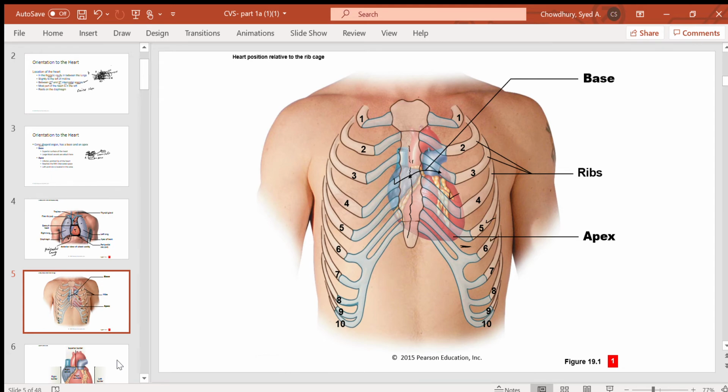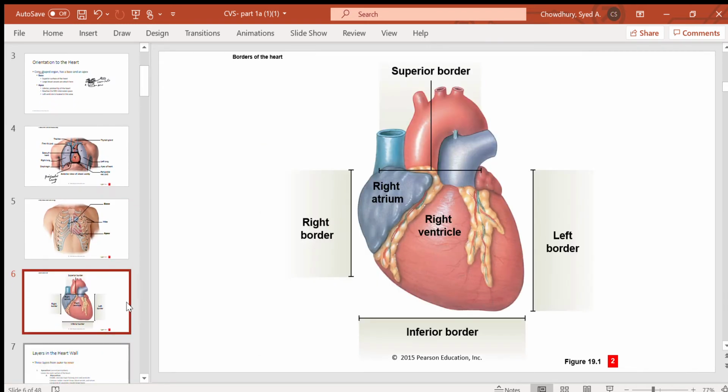So the lower border is here and upper is second intercostal space between second and third ribs. Okay, so heart has two atria up, right and left, and two ventricles. Upper two are atria, lower two are ventricles.